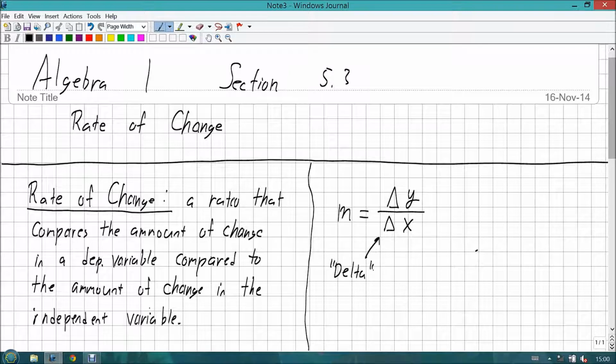And the capital delta in mathematics always means change. So this is the change in Y over the change in X, which is the second Y value minus the first, divided by the second X value minus the first, which is, in really easy terms, rise over run.